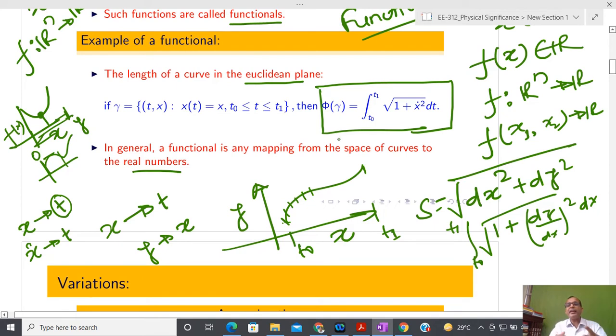Now you can take 2 dimensions, 3 dimensions, any dimension. You just have to make sure that the argument is a function. The function might be an infinite dimensional function, and it maps to some kind of real number. In this way I can define the functional. Now I hope the difference between function and functional has become clear.